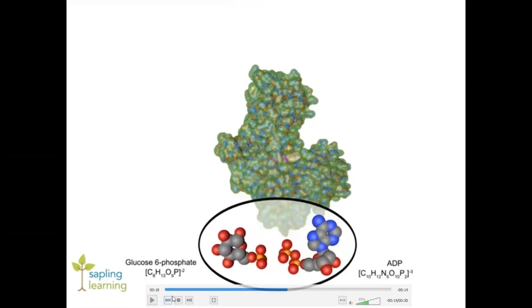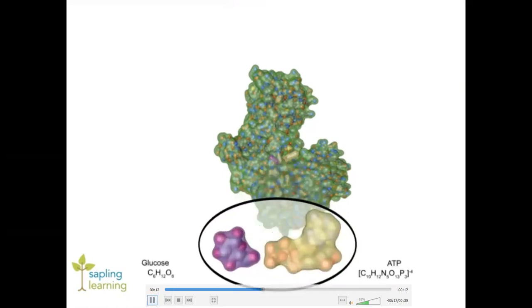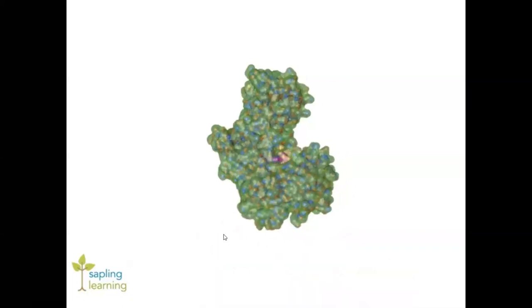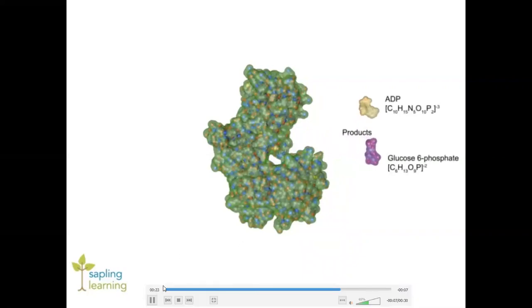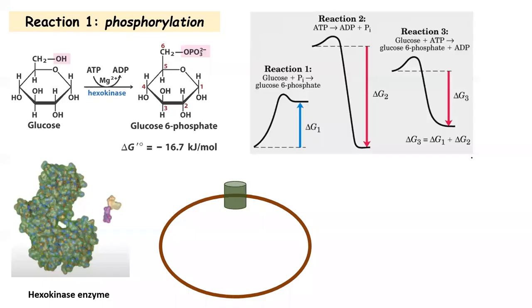Okay, let me play it one more time. Phosphate is transferred. So then the 2 products can exit the active site and then diffuse away. So hopefully that was useful with the nice visuals.